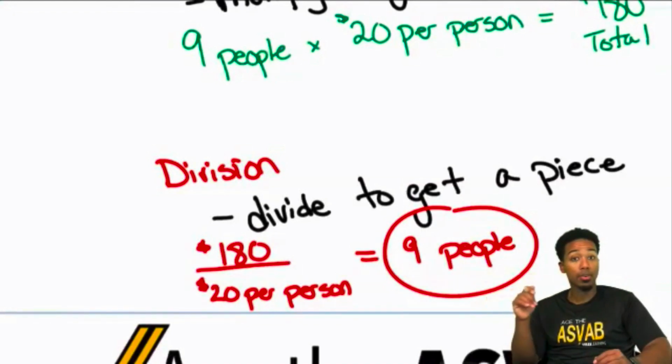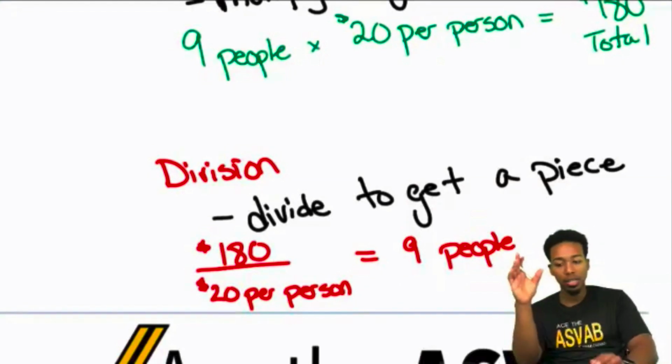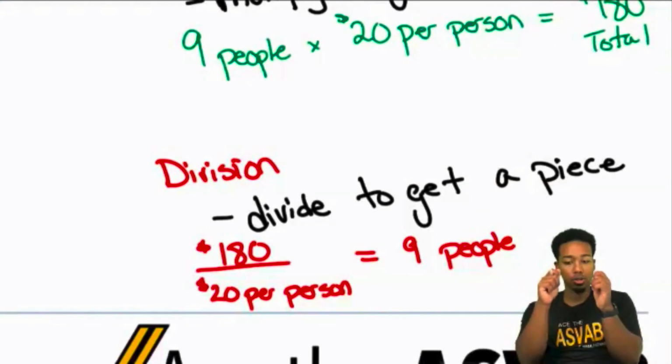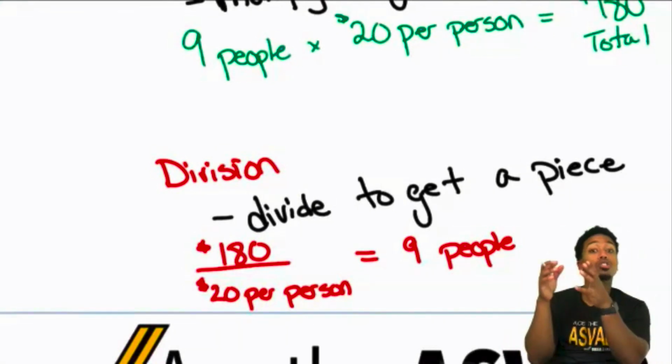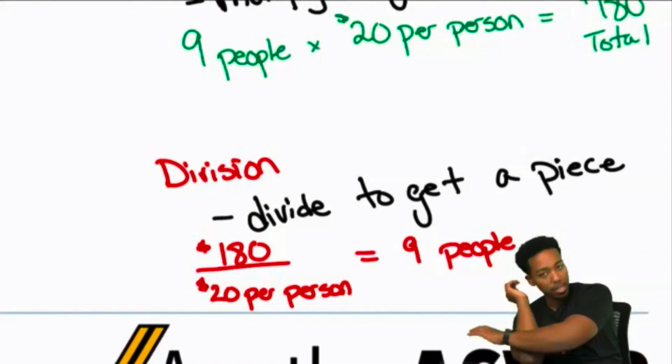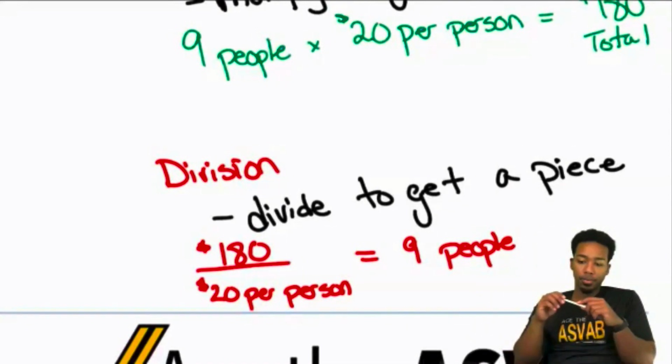Just how many people were there, the number of people involved. So yes or no, everybody, is this making a little bit of sense here in terms of how we can use per to multiply to get to the result, how we can use per to start from the result to get to the beginning, whether it's finding the number of people or that.